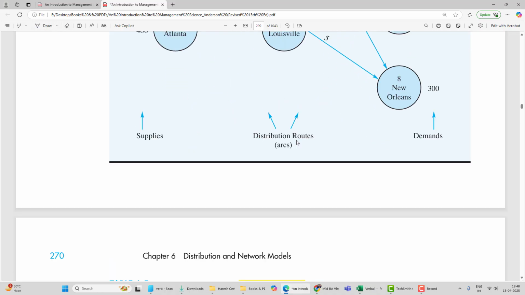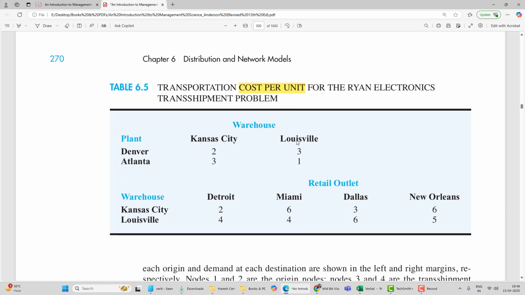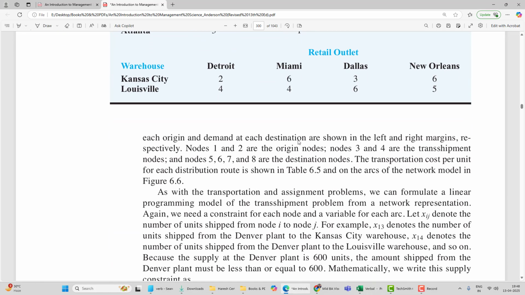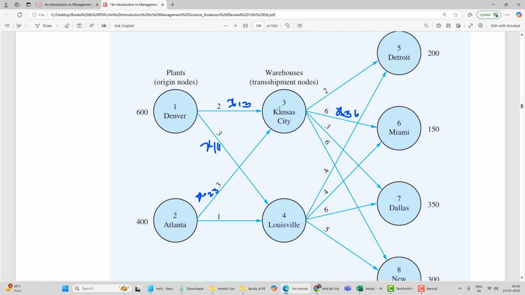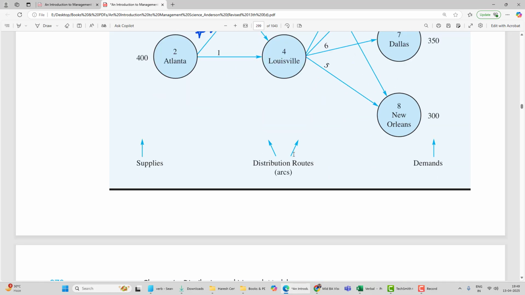So this is going to be the first thing, the declaration of variables, and then you will clearly write down the model. The only difference is at these warehouses, your logic will be that whatever material is coming in has to go out of these warehouses. So the input will become equal to the output, right?